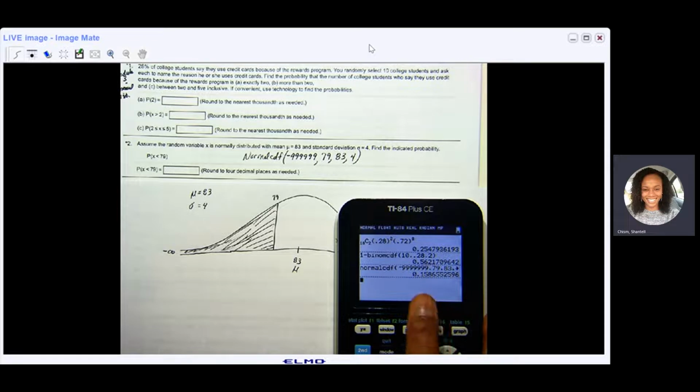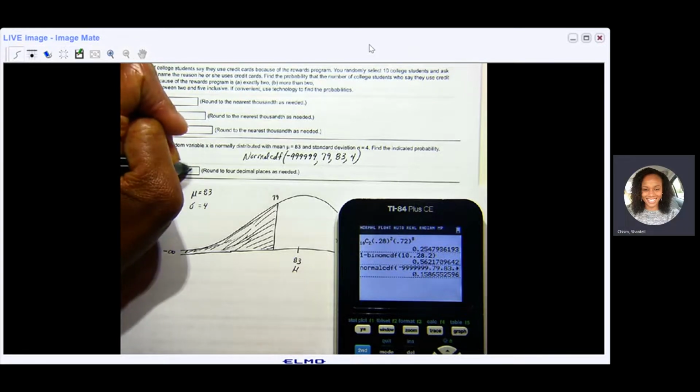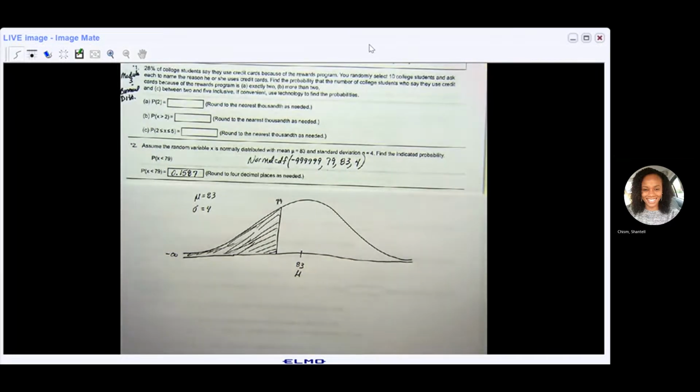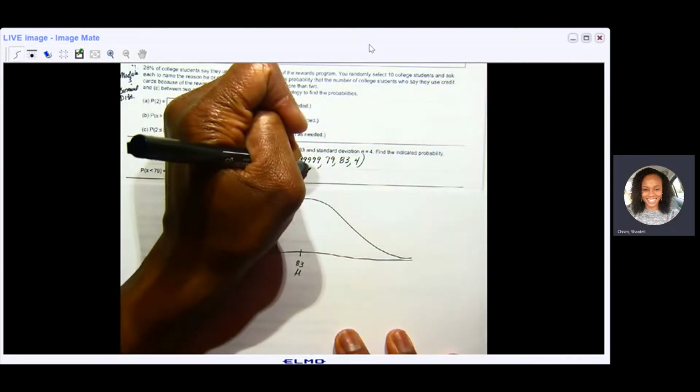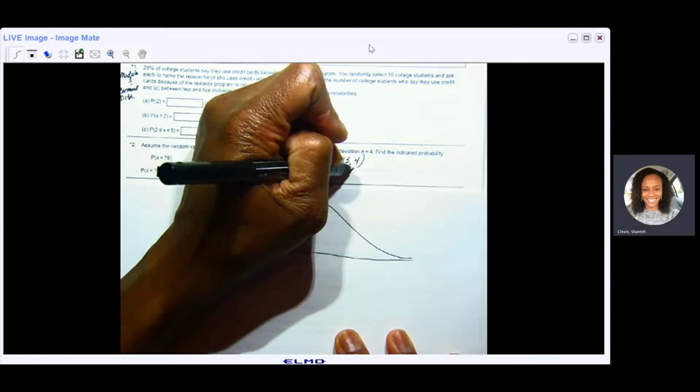Actually, they want us to round it to 4, so 0.1587. Lower bound, upper, mean, deviation.